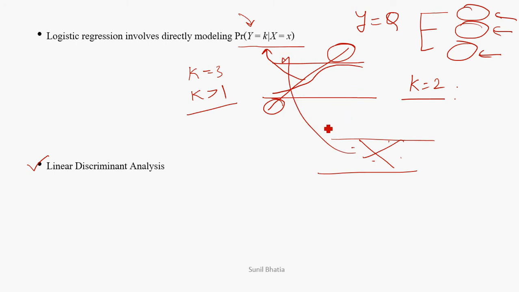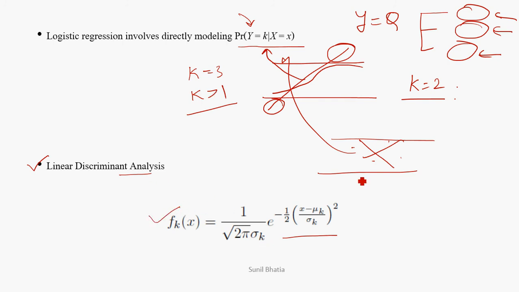Instead, we'll find the distributions of these variables, and then we'll handle the conditional probabilities. So our basic assumption in linear discriminant analysis is that the distribution of all these points is normal. So all the x variables are normally distributed, and then we proceed with the conditional probability.